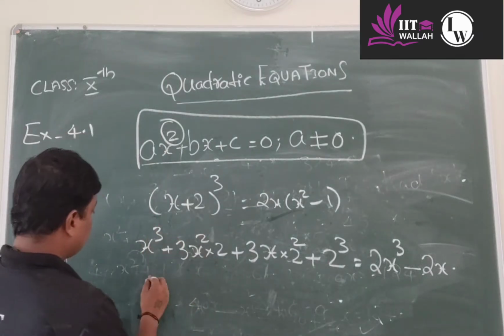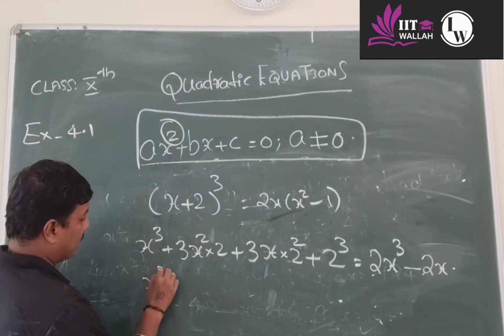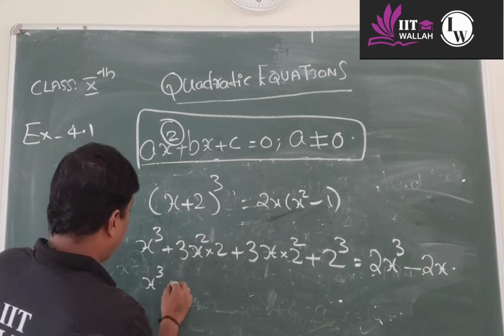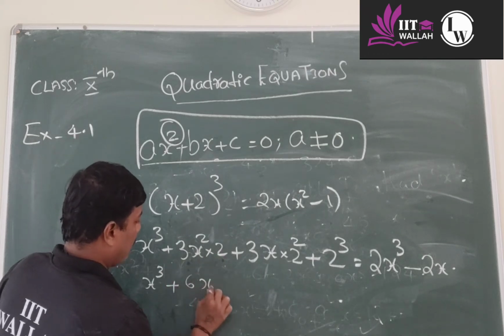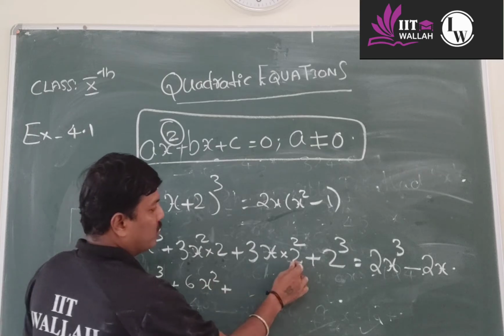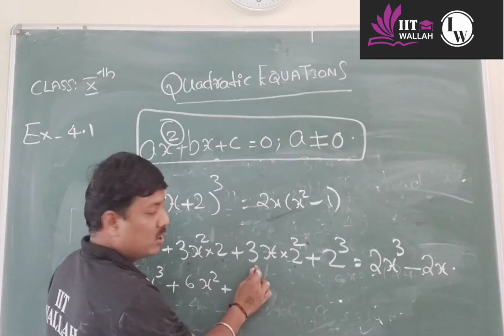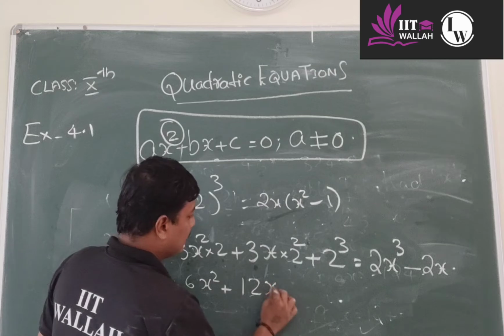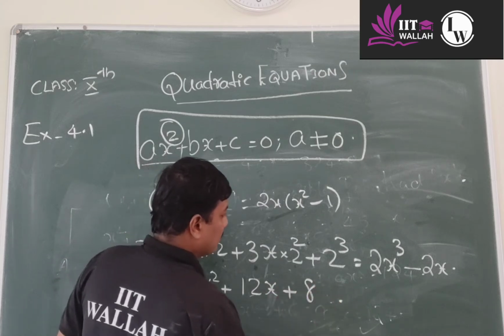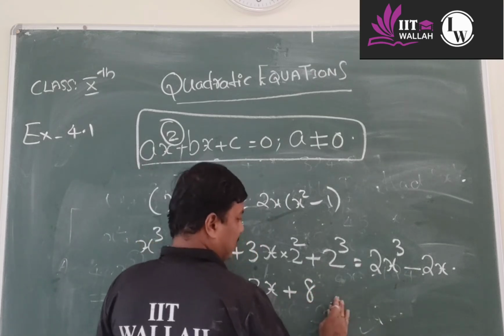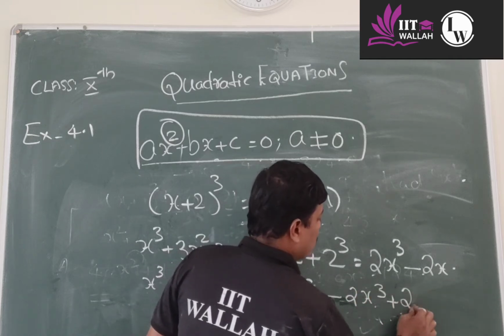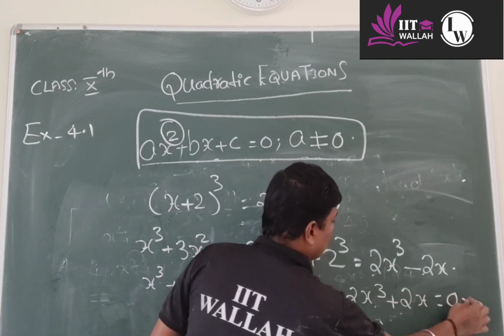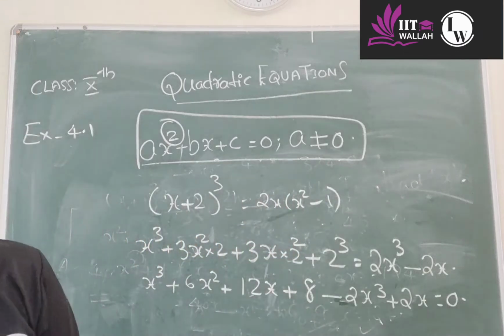Now x cube plus 6x square plus, 2 square is 4, 4 3s are 12x plus 8. Take this side. So minus 2x cube plus 2x is equal to 0. Okay?